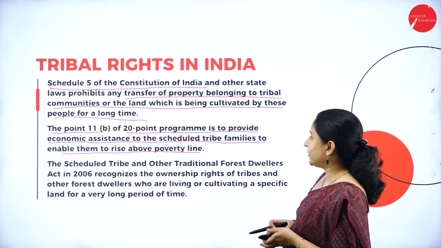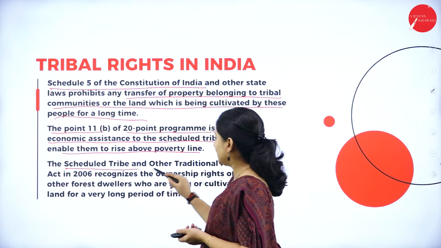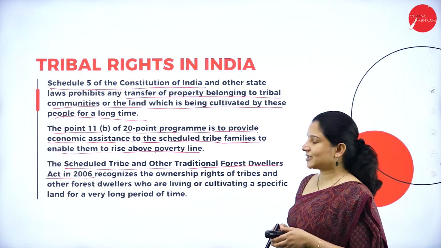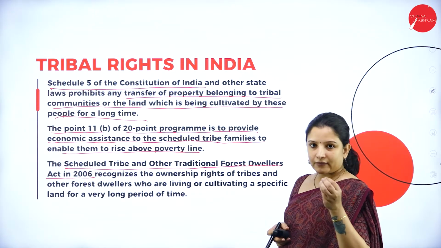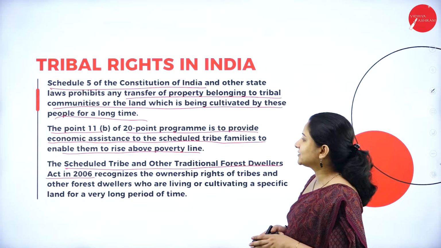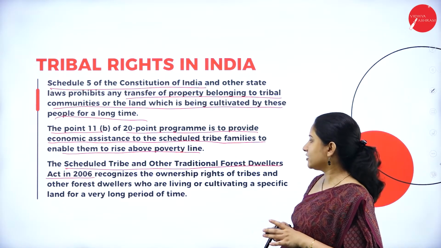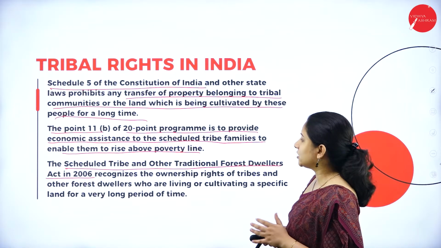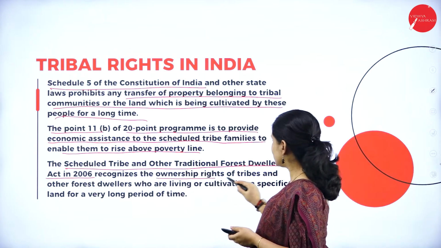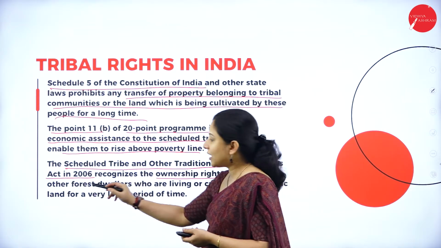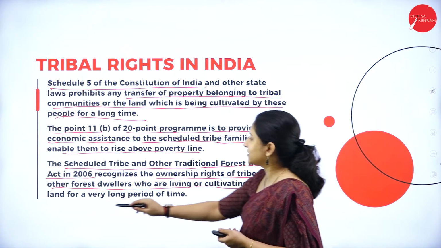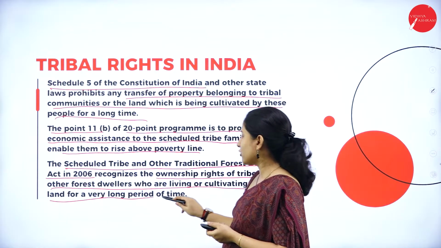And the Scheduled Tribes and Other Traditional Forest Dwellers Act, which came into existence in 2006. So in 2006, there was a law that was put forth for the tribal people, called the Scheduled Tribes and Other Traditional Forest Dwellers Act. It recognizes the ownership rights of the tribes and also the other forest dwellers who have been living on or cultivating a specific land for a very long period of time.